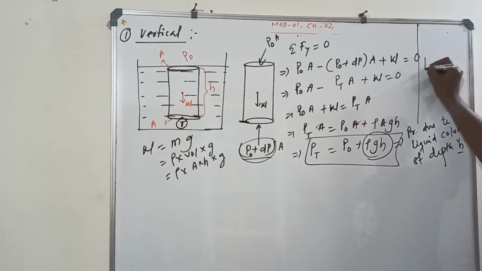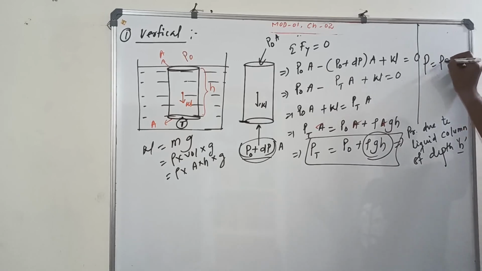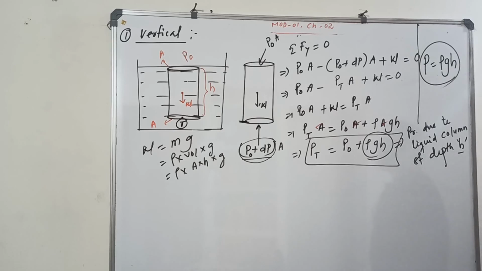So I can write clearly P is equal to rho G H.